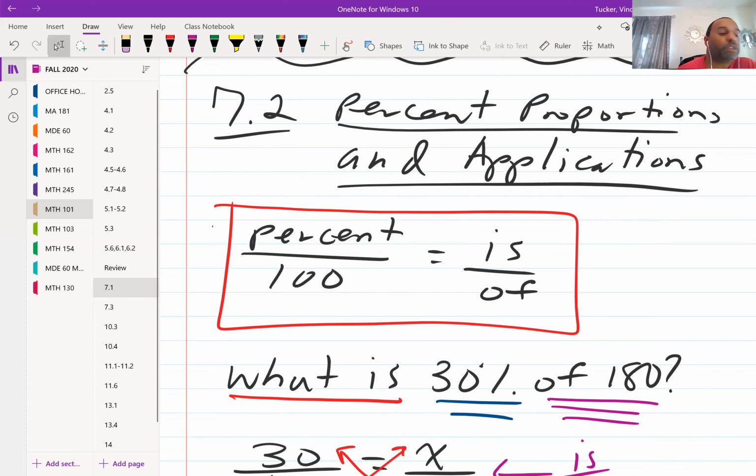So whatever your percent number is, you can always place that over 100. And then you set it equal to is over of.